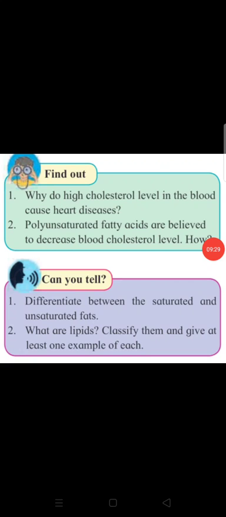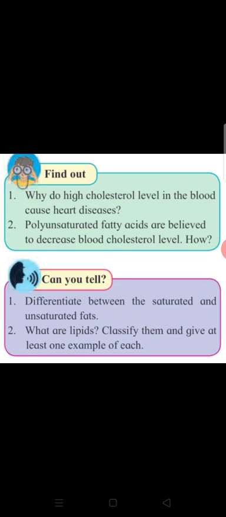Now on the screen another some questions are there. Can you tell the answers of this question? Differentiate between the saturated and unsaturated fatty acid. At the starting of our lecture, we have discussed about saturated and unsaturated fatty acids. We have also discussed about their differences, so definitely you can tell the answer of this question.